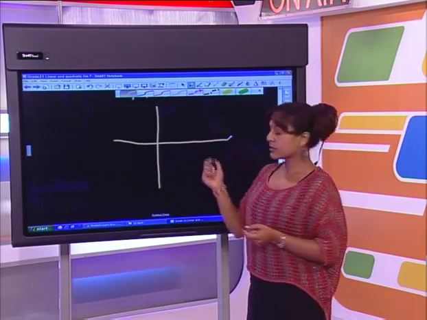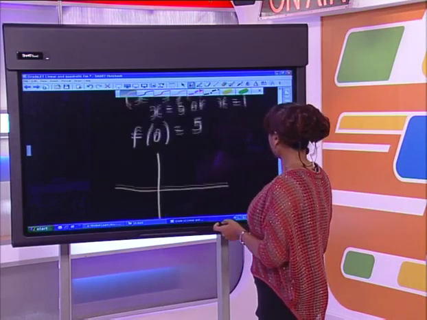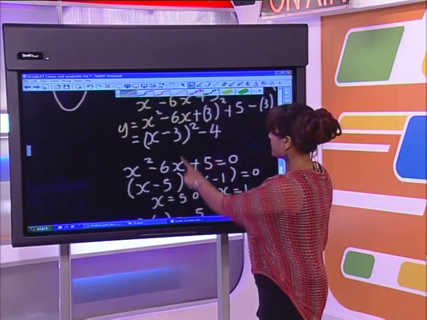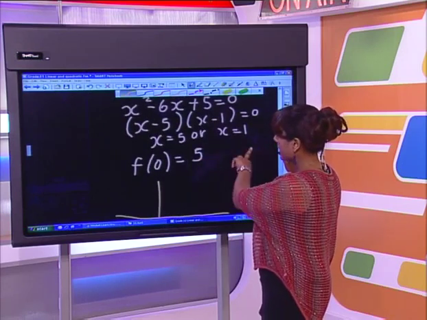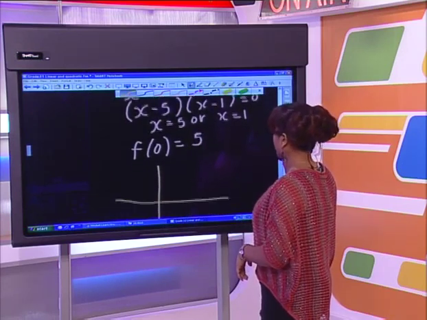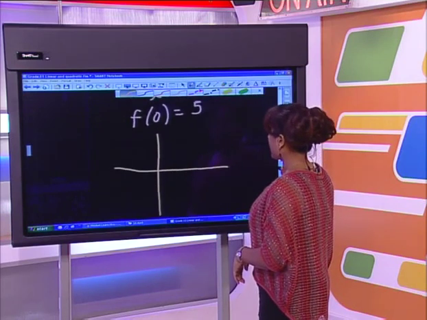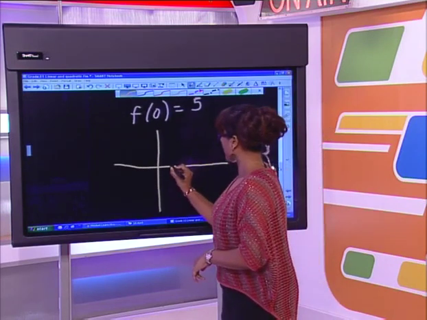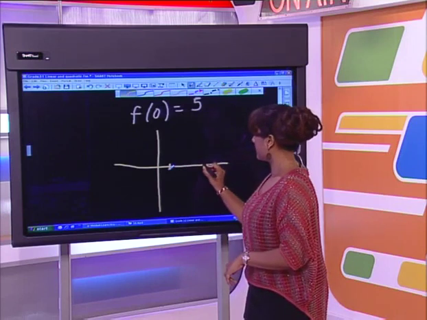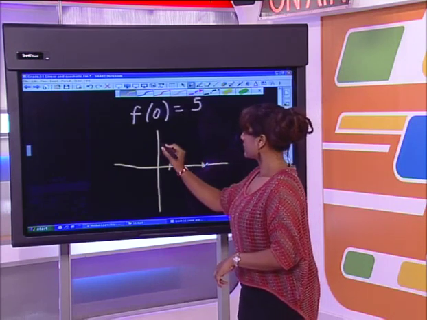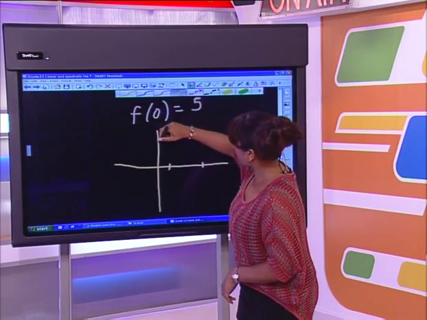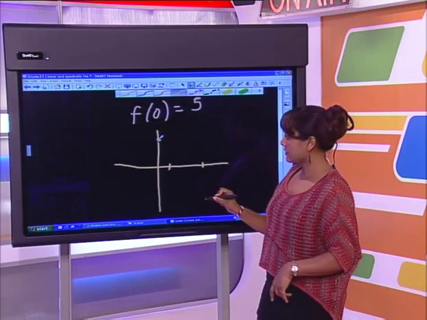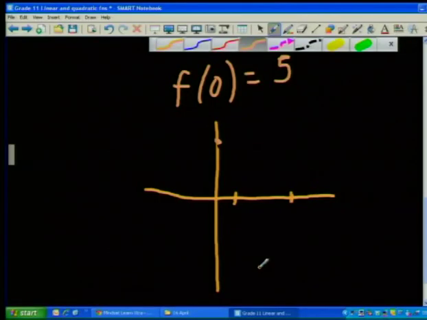Remember, your turning point was, if we go back up there, 3 and minus 4, and your x-intercepts were 5 and 1, and your y-intercept was 5. So therefore, we've got an x-intercept of 1 and 5, a y-intercept of 5, and we know that our turning point was 3 and minus 4, which is somewhere down there.